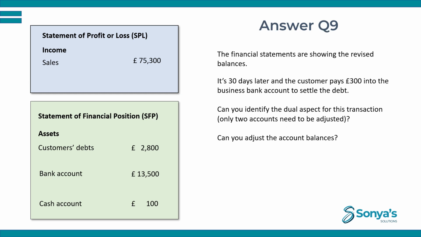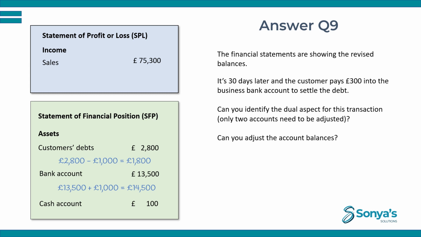The debt needs to be removed from the customers' debts account. Customers did owe £2,800. They now owe £1,800. £1,000 needs to be added to the bank account, so the revised balance is £14,500.